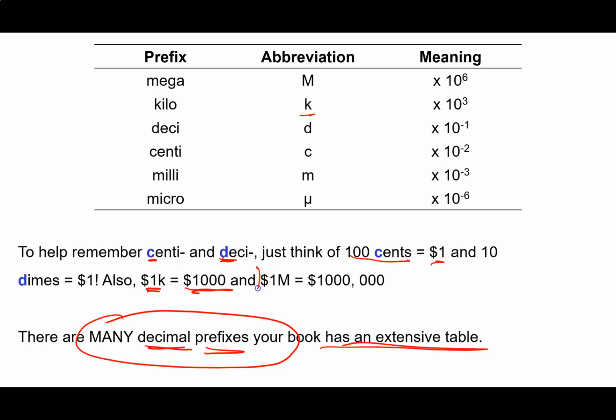And similarly, you might have seen abbreviations like this when people are talking about things like the state budget or something, and you would understand that 1 uppercase M meant 1 million, in this case, dollars. So you can remember a few of them fairly easily. We've got 1, 2, 3, 4 of them, just by thinking about how we talk about currency.